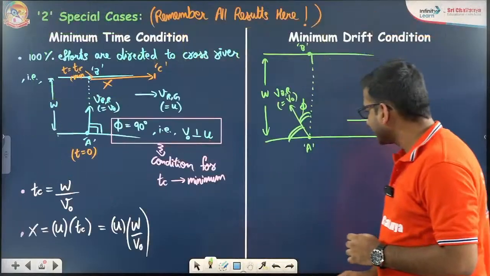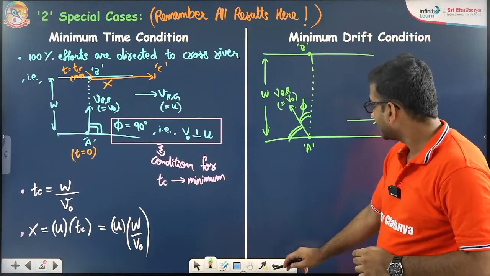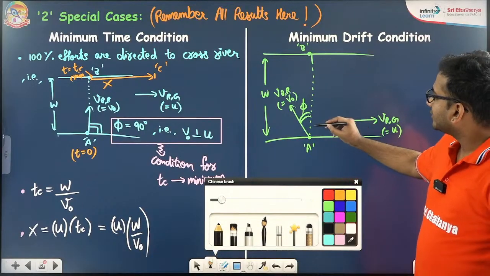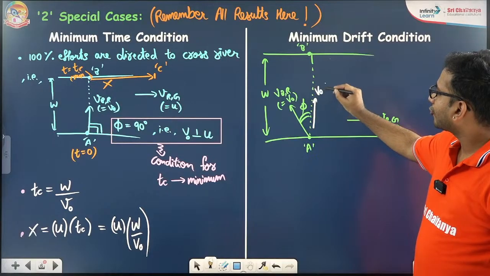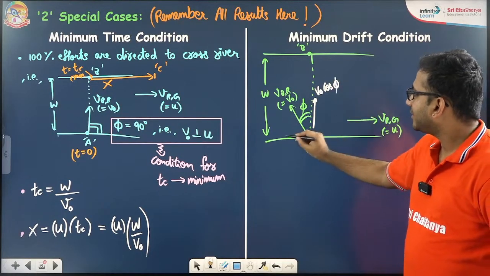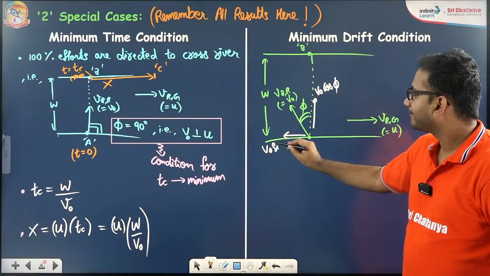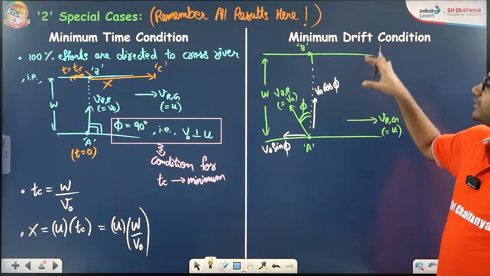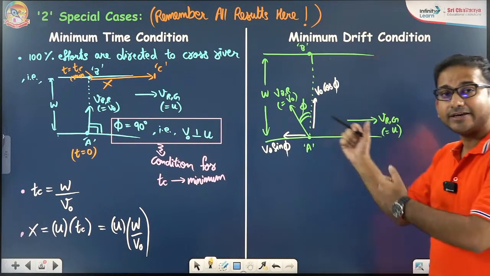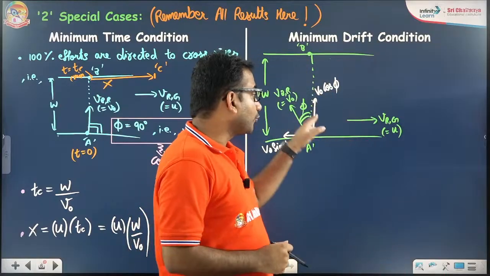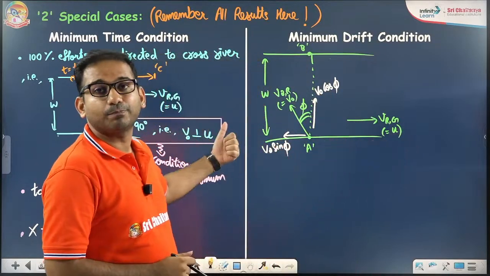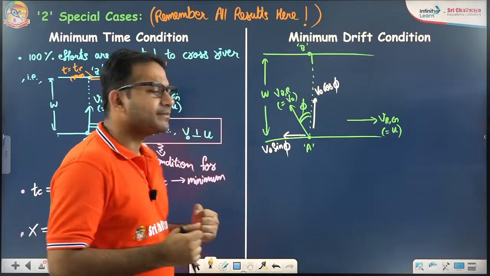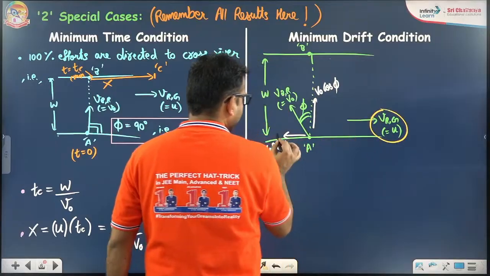I'll just resolve these velocities. So this will be my V naught cos phi, and this will be my V naught sin phi. If you want to nullify the drift, minimum drift, then definitely the velocity which is trying to provide the drift and the velocity which is trying to prevent the drift must balance each other, which means this must be equal to this.